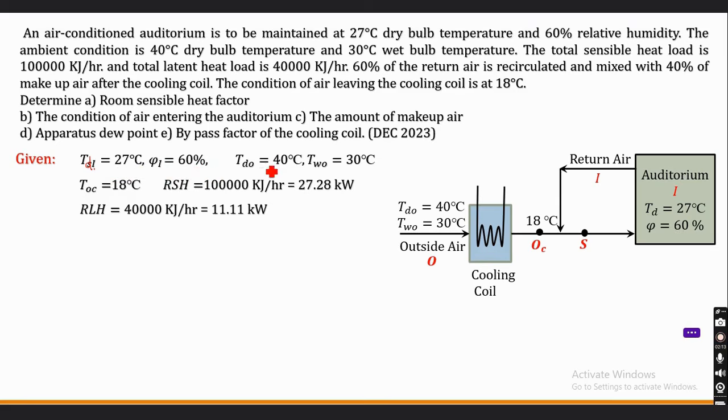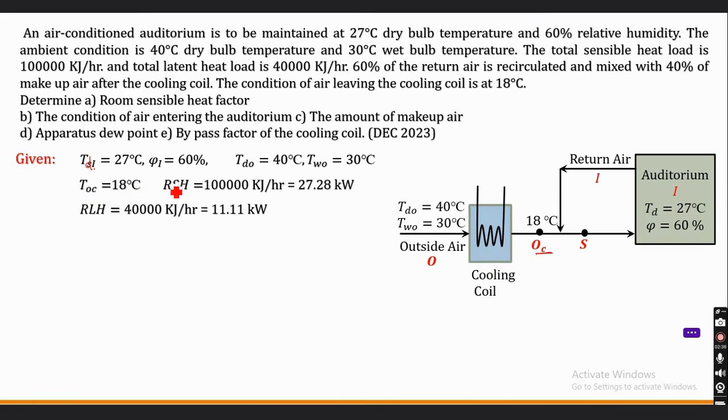Then outside condition TDO is 40 degrees Celsius and wet bulb temperature TWO is 30 degrees Celsius. The condition of air after the cooling coil, I am indicating it by TOC. TOC is equal to 18 degrees Celsius, which I have mentioned as this point.